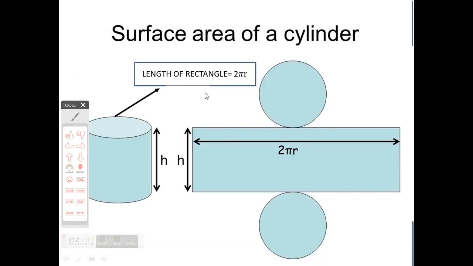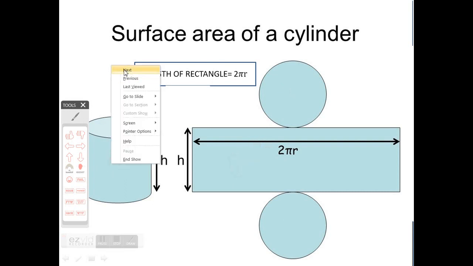Now to find the surface area of a cylinder. The area of a rectangle is length into breadth. Here the length is the circumference of the base of the cylinder, that is 2 pi r, and breadth is the height of the cylinder. Next, we have to calculate the area of the rectangle. Area of rectangle is length into breadth. Now what is the length?